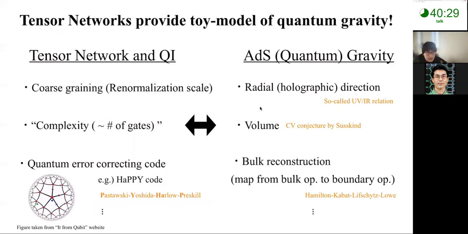Interestingly, this tensor network model also has the same structure of entanglement, and also gives us insight into how we can construct the bulk operator in the gravity by using boundary CFT operators. There was some puzzle on the gravity side, but this tensor network model or quantum error correcting code gives us an explicit resolution for this puzzle. So in this way, tensor networks are more than a tool. They also tell us very important aspects of quantum gravity.